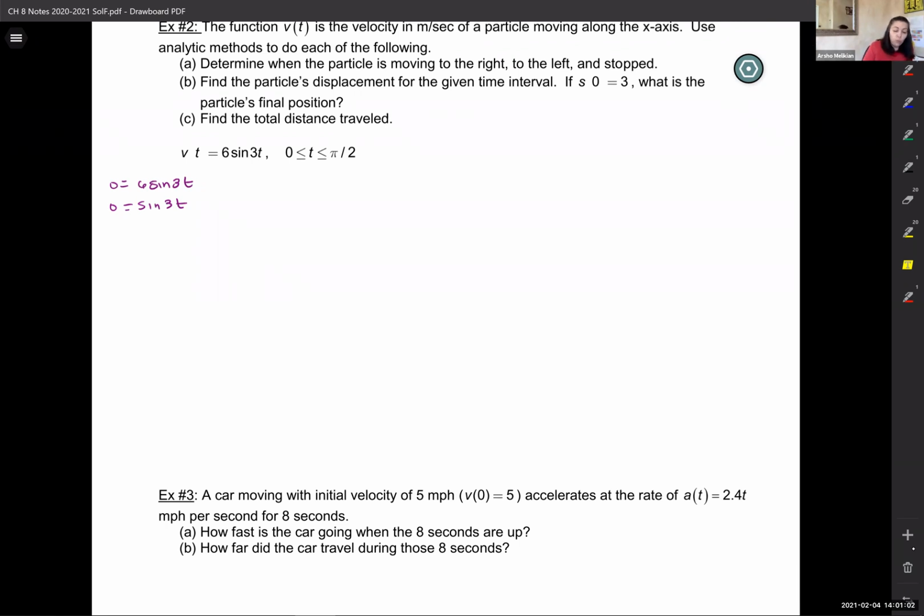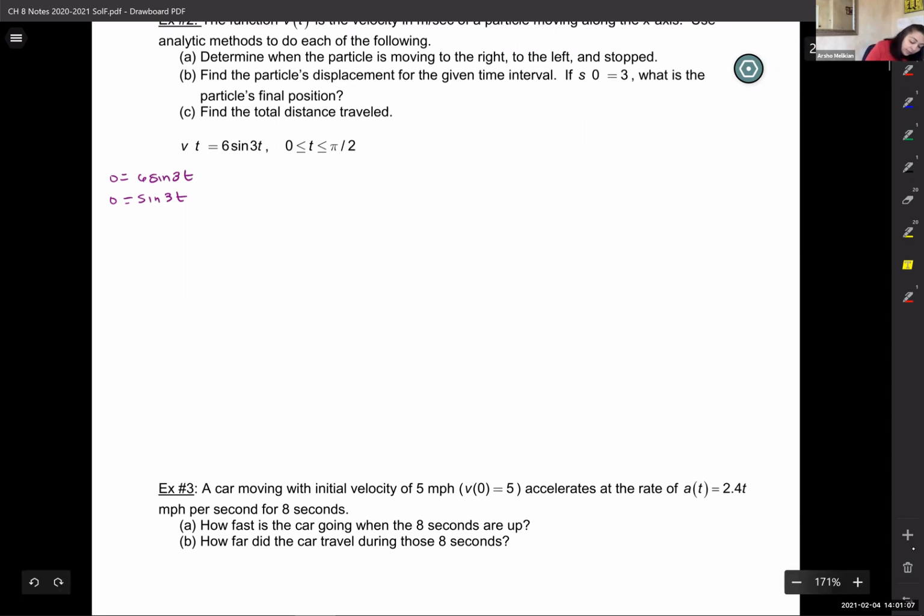The question is, when is sine equal to 0? Sine is equal to 0 when the angle is equal to 0 or when the angle is equal to pi. Okay? So t is 0, t is pi over 3. You want to get all the values where the function is 0 in the interval that you're given from 0 to pi over 2.